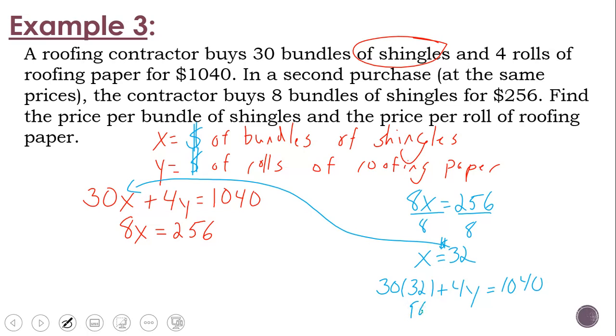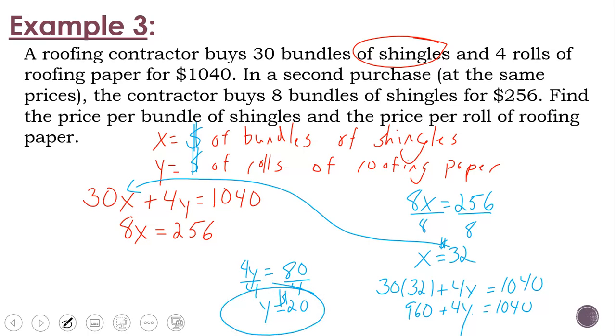You would get 960 plus 4y. I'm going to go over here now, subtract the 960. You're going to get 4y is equal to $80. Divide by 4, and you would get y is equal to $20. Okay, that's how you can do this, solving it algebraically.